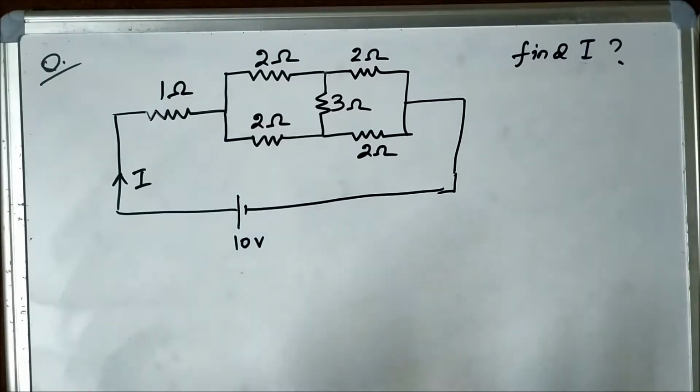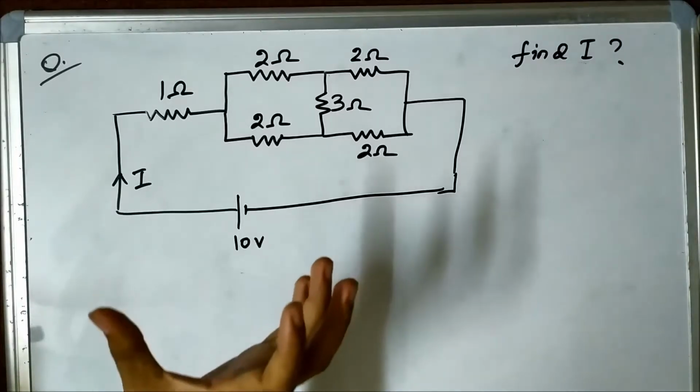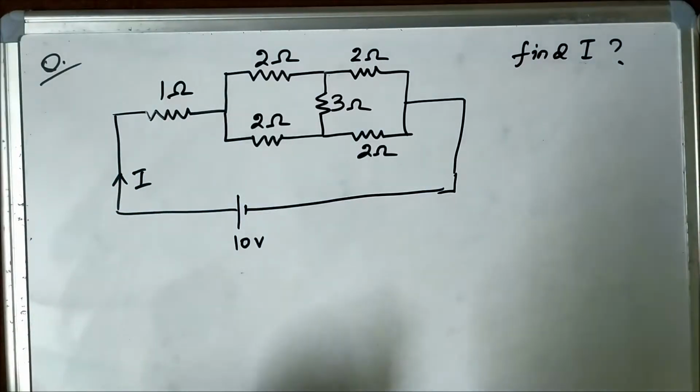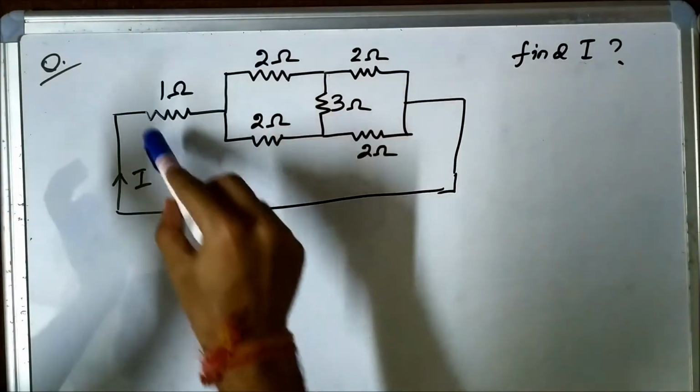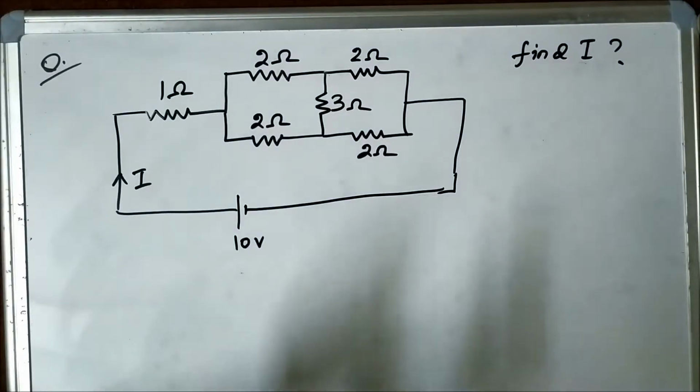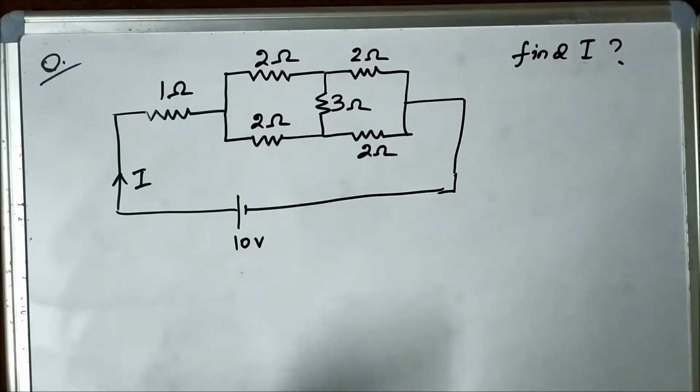Here we are going to apply the star to delta transformation concept or delta to star transformation concept to simplify the circuit and find the circuit current I. Now, if you look at this connection of resistors, suppose you try to solve it without using the star to delta or delta to star transformation concept, then it will be very difficult, because you cannot identify which resistors are in series connection, which resistors are in parallel connection.